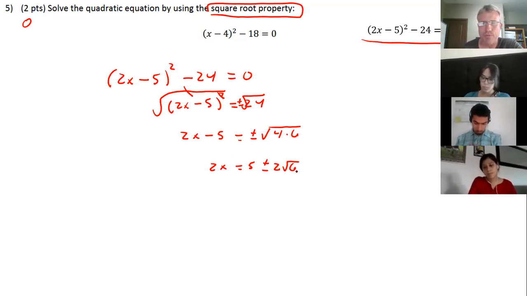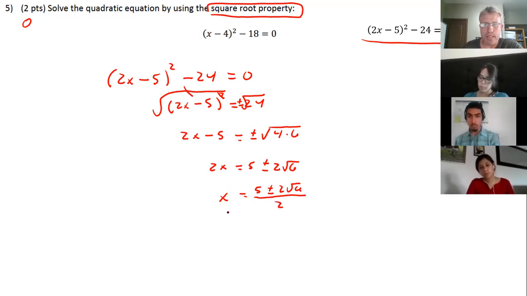It's already in simplified radical form. So I simplified this, and then I would simply divide both sides by 2 at this point. So I get x equals 5 plus or minus 2 root 6 all over the 2.